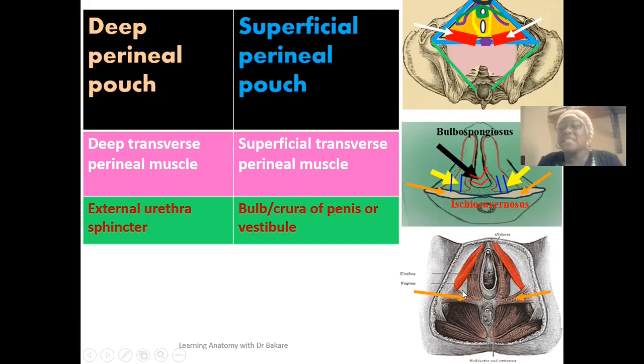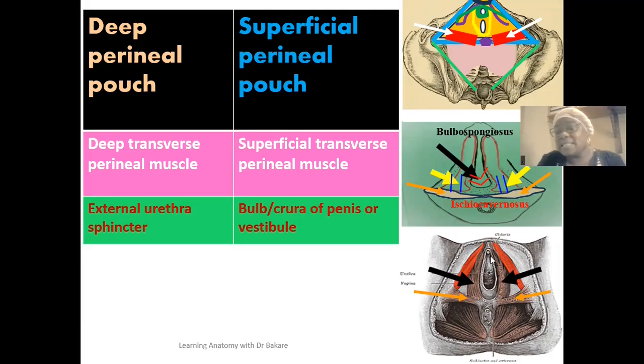If you try to use this image down here, this is where we have the superficial perineal pouch. And this structure here is the bulb of the vestibule. The bulb of the vestibule in female is different. If you compare the bulb of the penis and the bulb of the vestibule, you see that the bulb of the penis is a single structure located along the midline plane, while the bulb of the vestibule is seen to split.